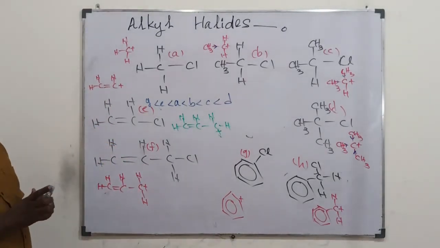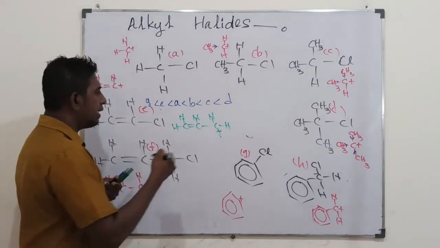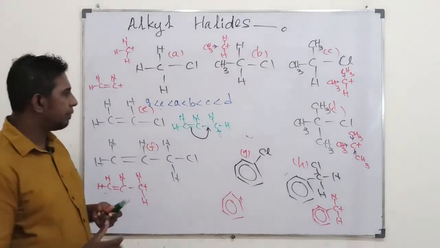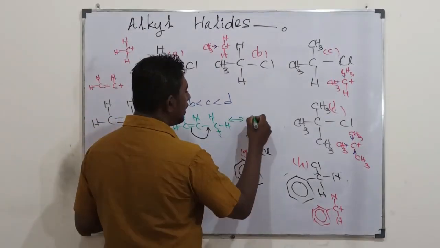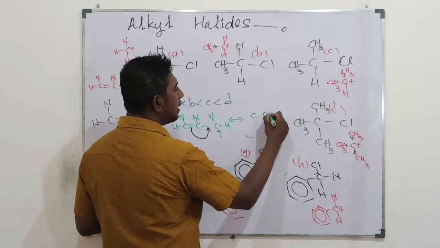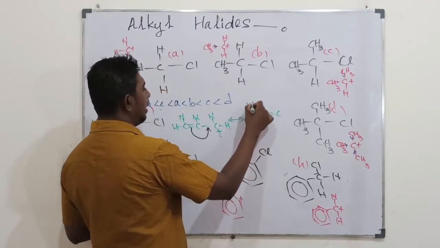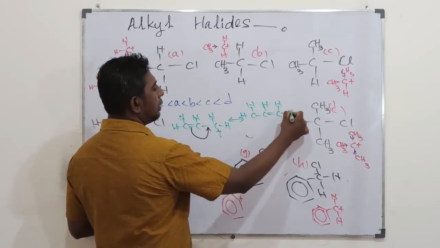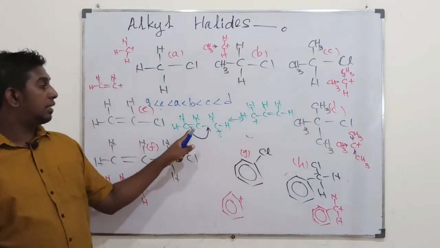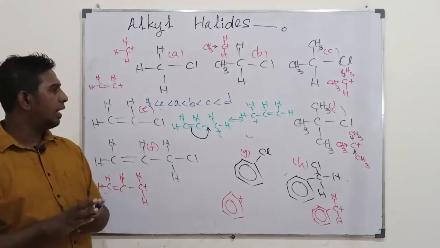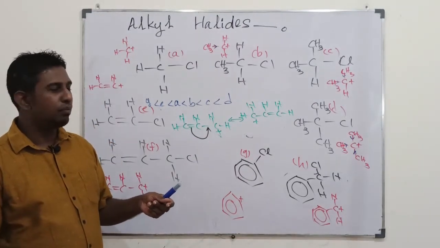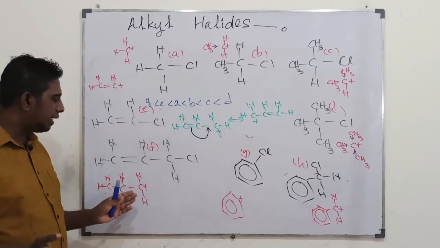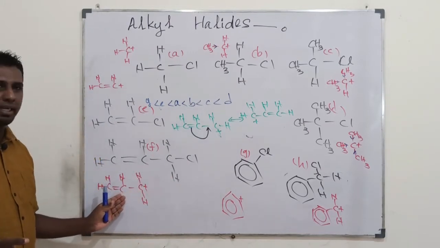So it could resonate in this way: this pi bond could be broken here, forming a new pi bond. Now the new pi bond is formed here, and you still have these atoms. So this is the positive charge. Now it appears here. There are 2 resonance structures formed by this intermediate cation.